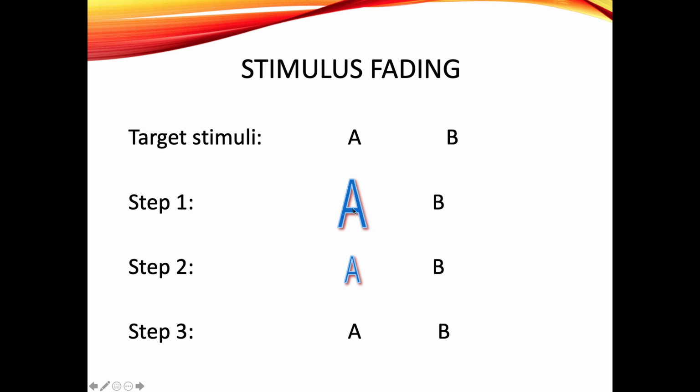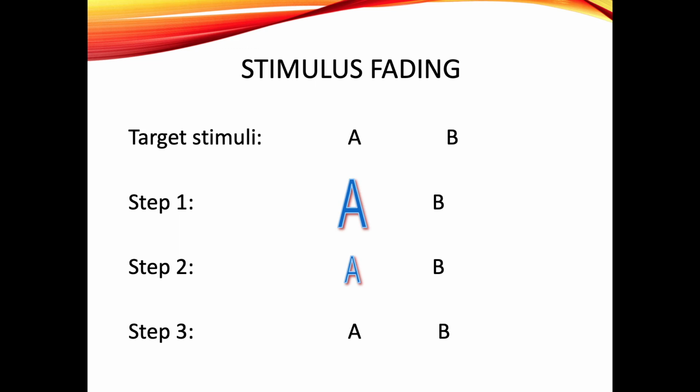The A is being enhanced in that we're adding a color to it and we're increasing it in size. The goal of doing that is to make the features so salient and so discrepant from the other stimulus, in this case B, that it occasions a correct response, that when I say A, the individual touches the newly enhanced A.